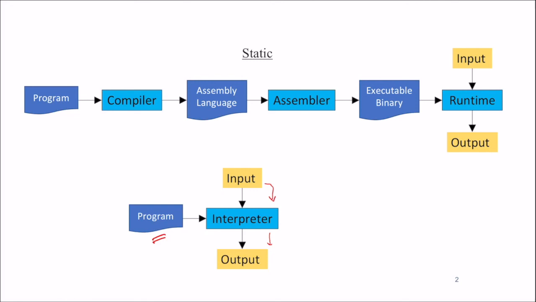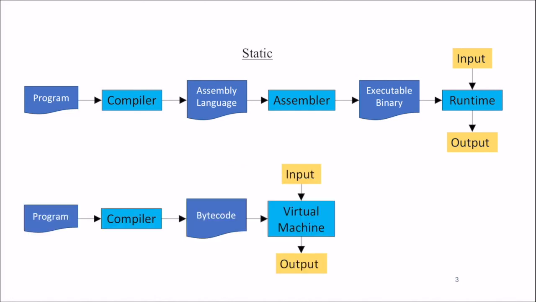It doesn't have to wait until it reaches the runtime in order to find bugs. Whereas an interpreter is dynamic because it's executing these instructions. Sometimes it can only find errors in your code at runtime, even though there might be problems in the source code that you could have figured out by doing a static analysis.